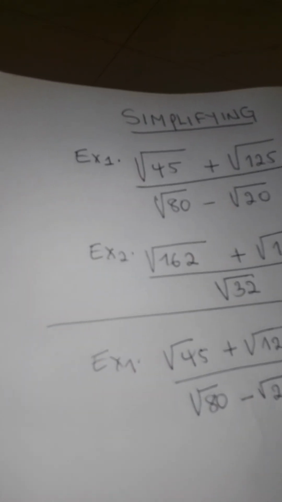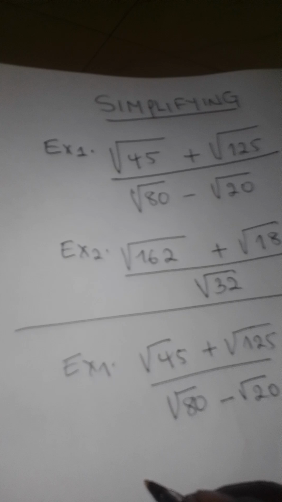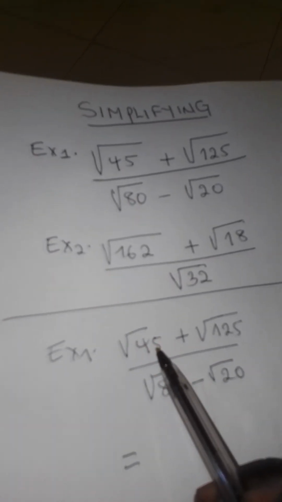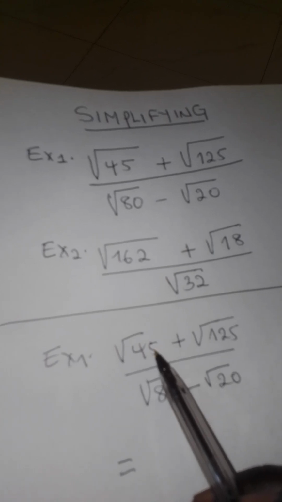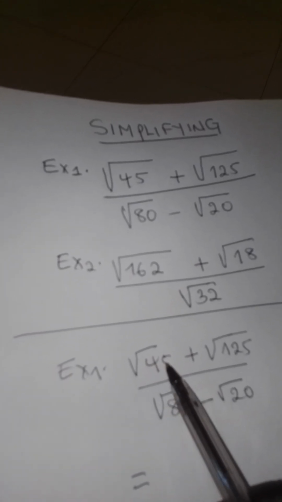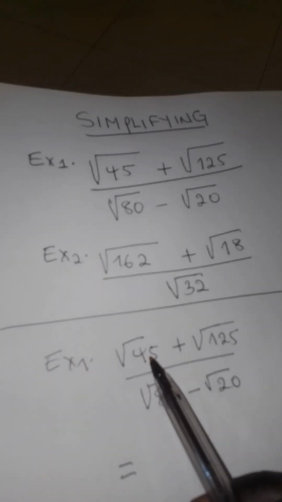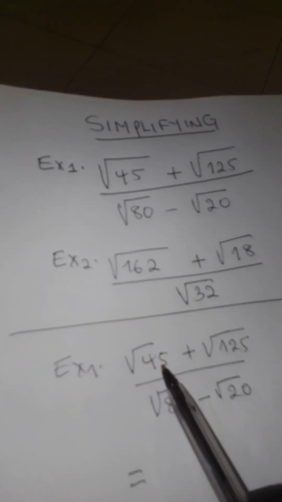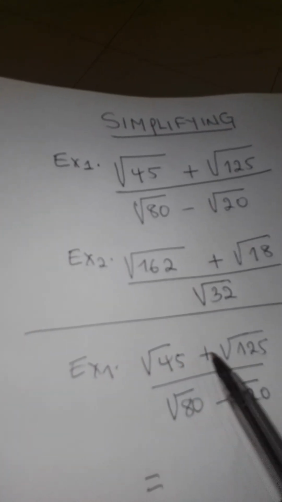Here you find root 45: you find two numbers that multiply to give 45, but one of the two numbers must have a square root.